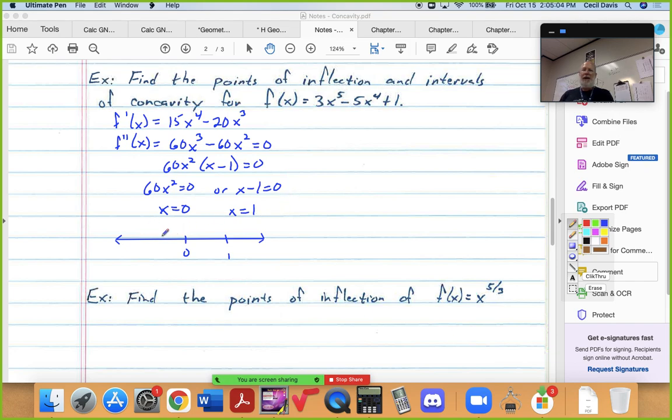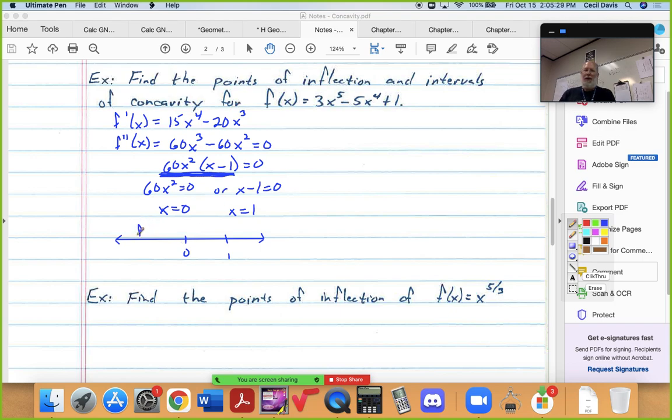If we pick a negative value for x and substitute it, and it's almost always easier to substitute it into the factored form than into the expanded form. So if I pick a negative number and substitute it into this, well, the 60x squared is always positive, right? Times a negative minus 1 is still negative.